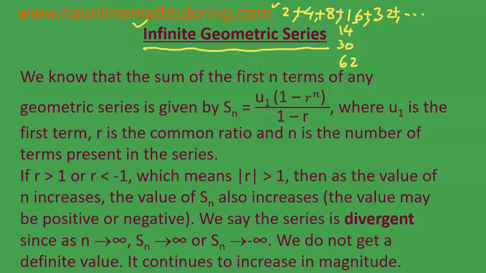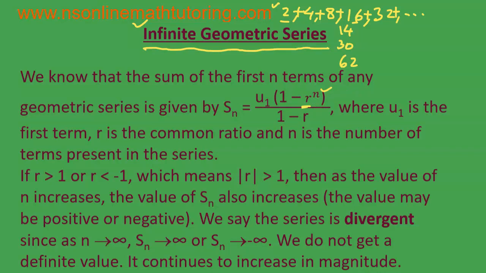Is there at all any change in the sum total? Okay. So let us start. The first term U1 for this series is 2. R is the common ratio for this series. It is also equal to 2 because 4 over 2 is 2. And n is equal to 100, as we are trying to find the sum total of the first 100 terms.